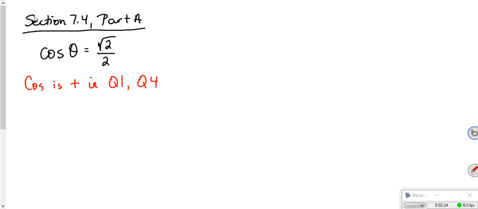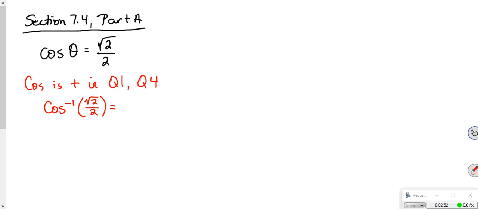So what we're actually asking is the arc cosine of root 2 over 2. And if you look on your unit circle, we've already gone over these. I don't know if you remember them, but those are the ones that have the root 2 over 2 are all your like 45-degree ones. But again, we want this in radians, okay? Unless they tell you specifically to do degrees, we need them in radians.